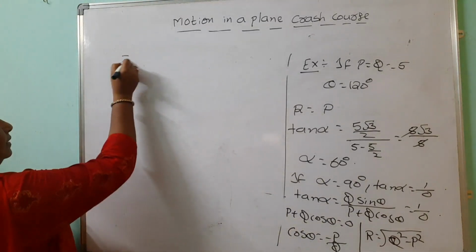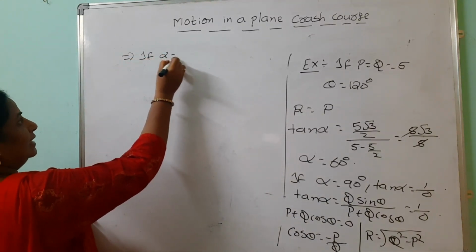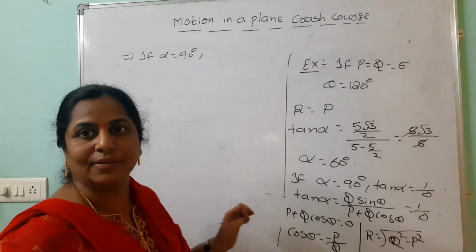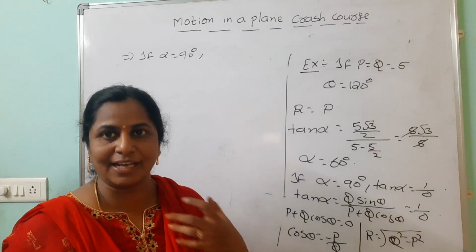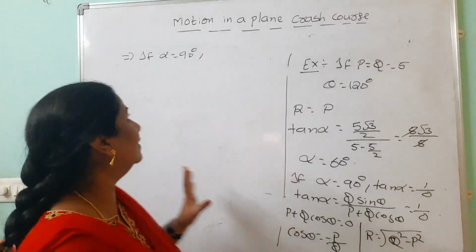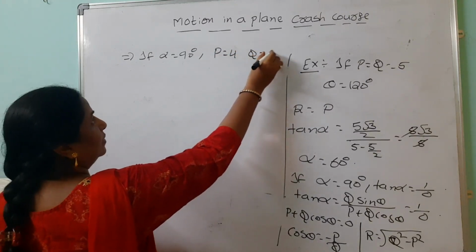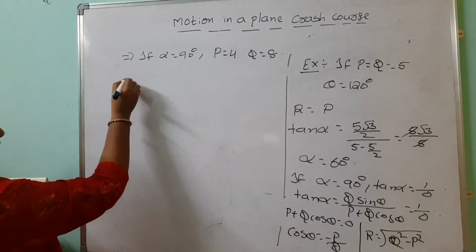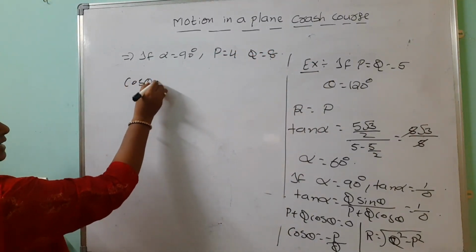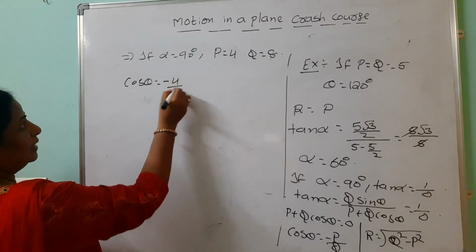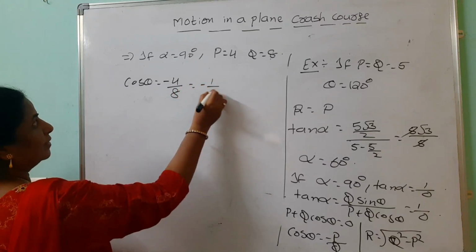See, alpha is 90 degrees. If alpha equals 90 degrees, they will say in that problem the resultant is perpendicular to one of the vectors. That vector we are considering is P bar. Say P equals 4 and Q equals 8. Here directly you can find cos theta is minus P by Q, so minus 4 by 8, minus 1 by 2.